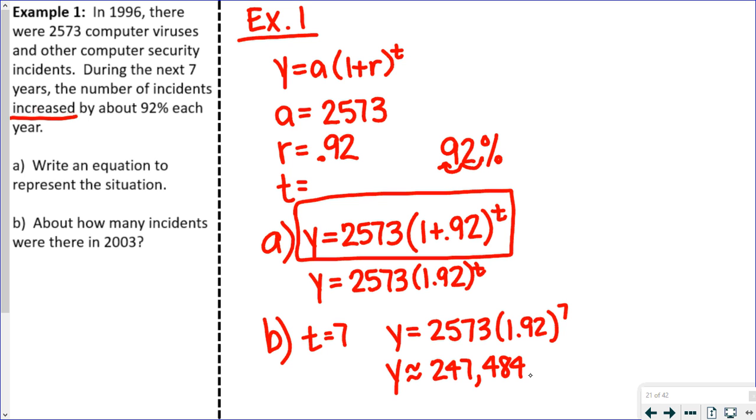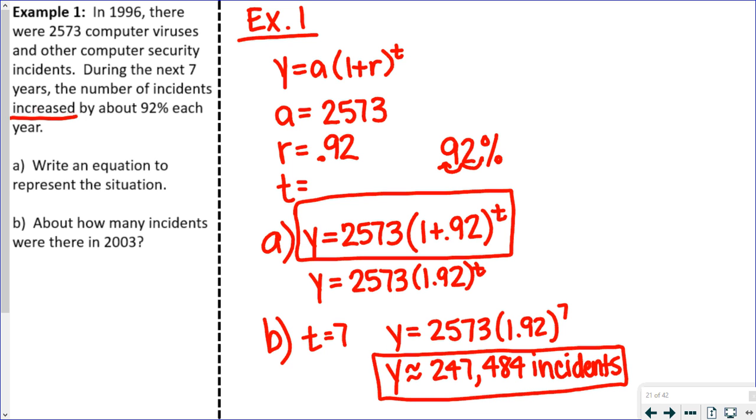So even though it's 0.7, we still don't round this up to 485, because we're not quite to a whole number. When we're talking about real world stuff, we don't need to round. But you do need to label it, so this one would be incidents. Part B would be worth 2 points because you're showing me what you plugged into your equation and then your answer with that label.